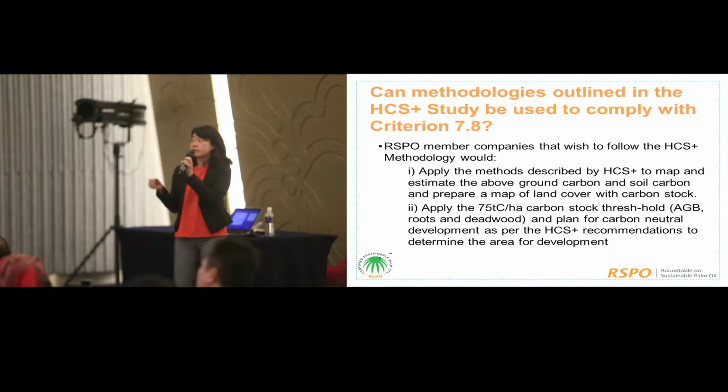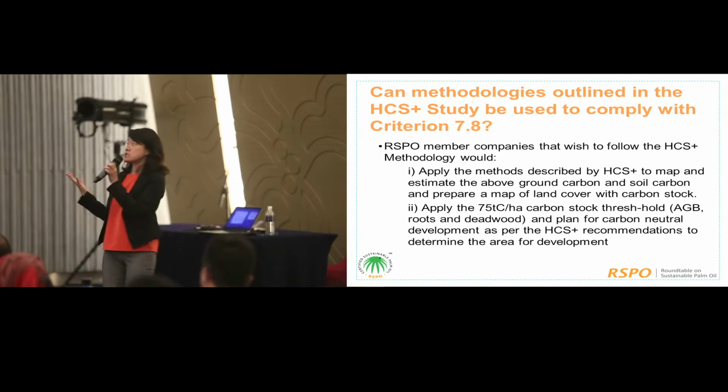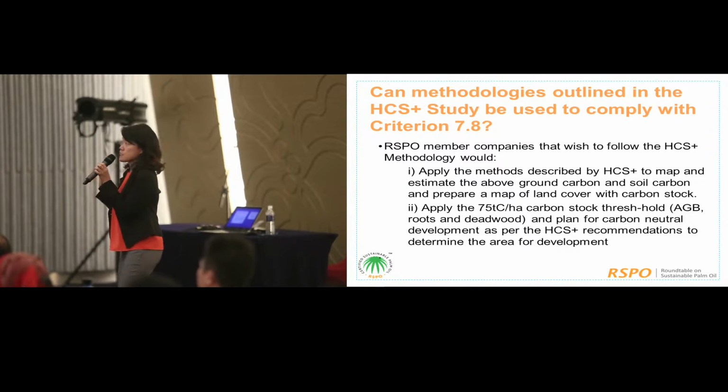So for example, right now, if a company wants to use the HCS Plus study to estimate their carbon stocks, fine, this is accepted by RSPO. So you would apply the methods by HCS Plus, and then do all the things that are prescribed by HCS Plus.